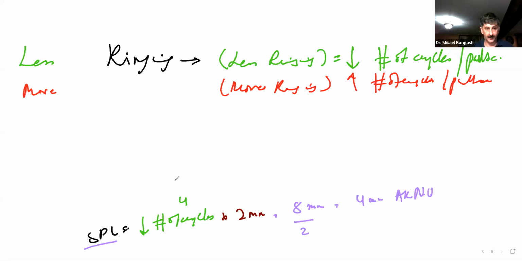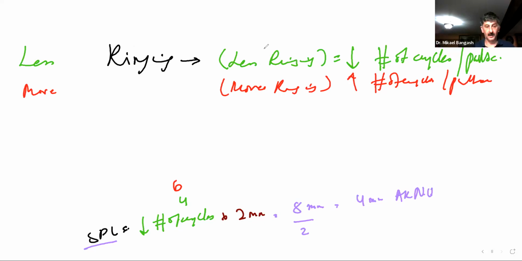Let's say we had 6 cycles per pulse, where each cycle still had a wavelength of 2 millimeters, because we just want to find what the effect of more and less ringing is in terms of poor axial resolution.